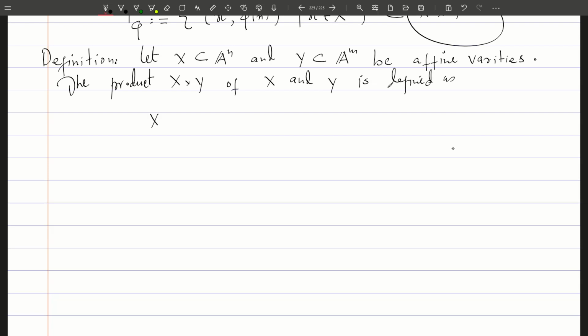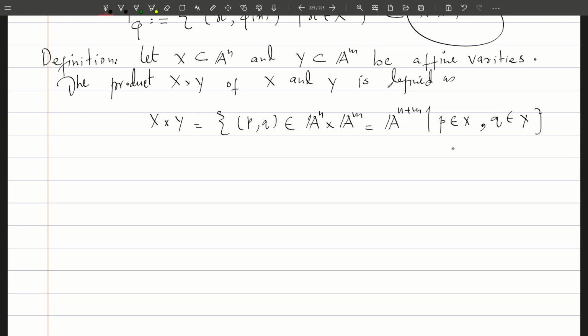We define this product XY, which contains elements of the form (p, q), where this point (p, q) is an element of A^n times A^m, which is the same as A^(n+m). Here the point p is in X and the point q is in Y.